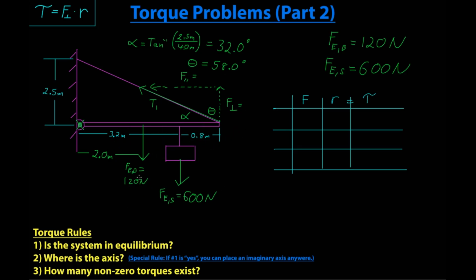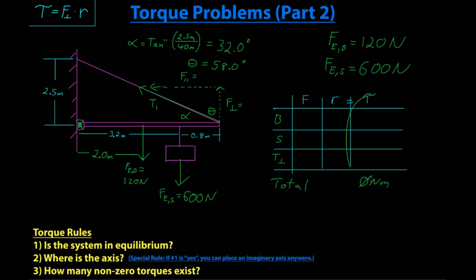I'm going to name them from the inside out. I'll call the first one B for bar, the second one S for sign, and the third one I'll call tension perpendicular because it is the perpendicular of the tension force. It doesn't really matter what you name them, just so you can recognize what's what. And again, since the system is in equilibrium, the total down here for the torque should be 0 Newton meters.